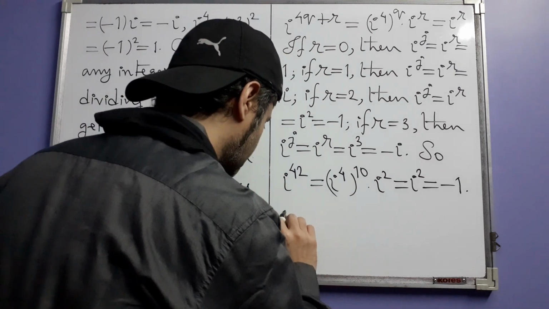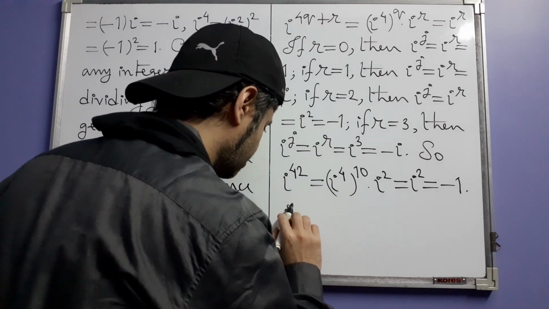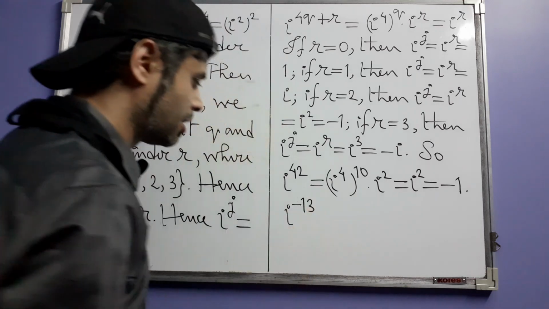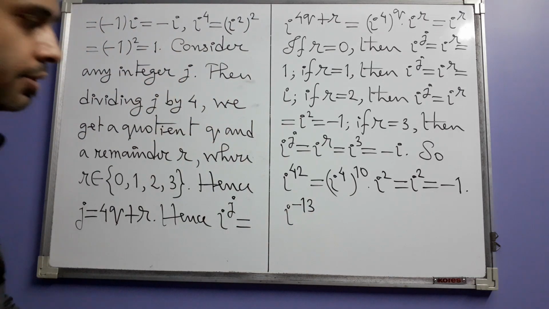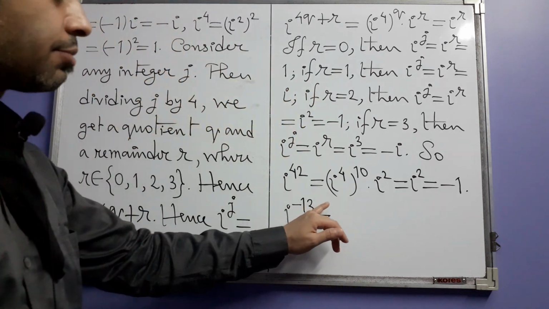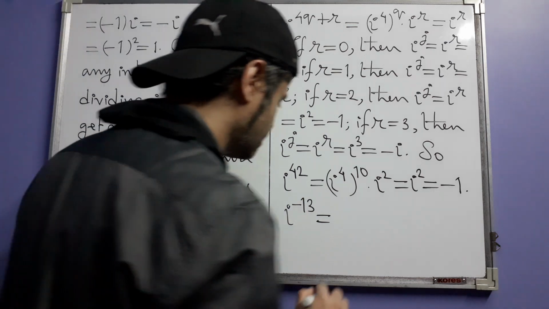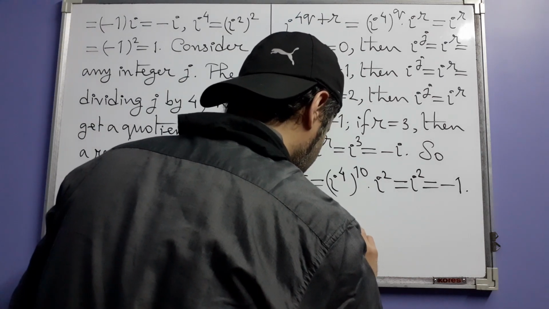Let us see another one, say a negative one, say minus 13. Okay, so you try to write minus 13 as 4 times something plus something. Let me write it like this.